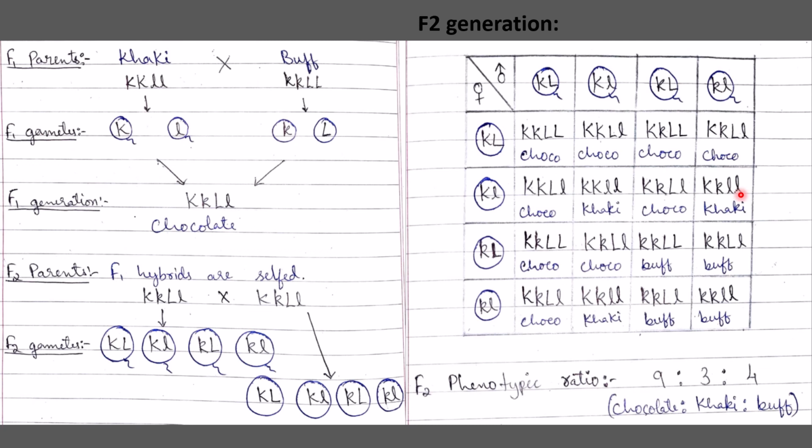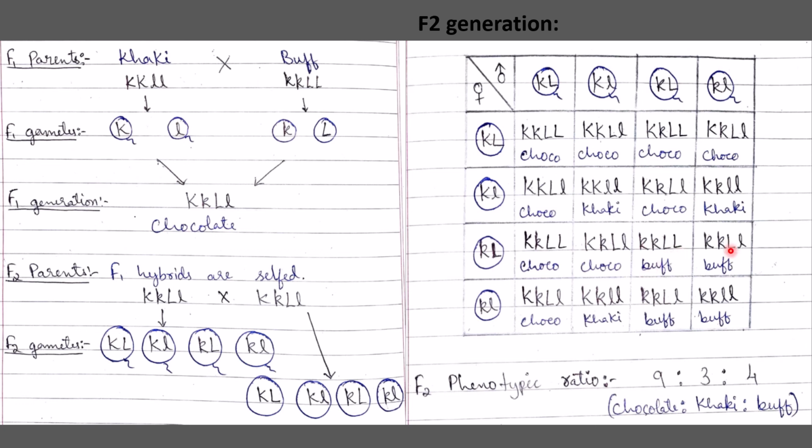And coming to these 3 genotypes, with the dominant K and recessive L, here it is homozygous K and here it is heterozygous K, but at least it has one copy of the dominant allele K. So ultimately the seed coat formed is of khaki color. And then here, there is no dominant allele K, which means it's all recessive, and the recessive character is produced irrespective of the presence or absence of the dominant allele L, which is a supplementary gene here.